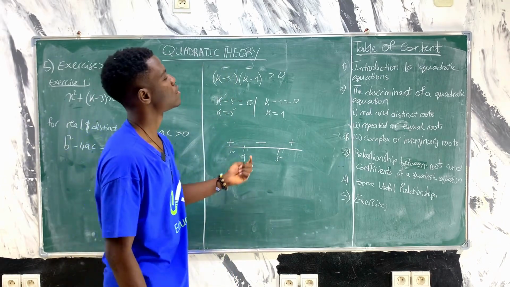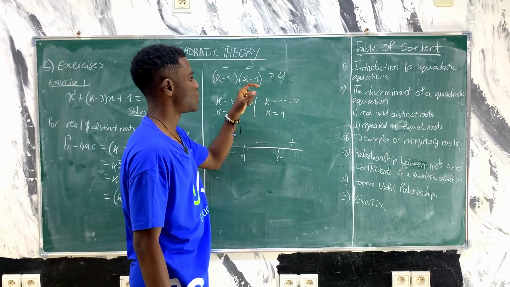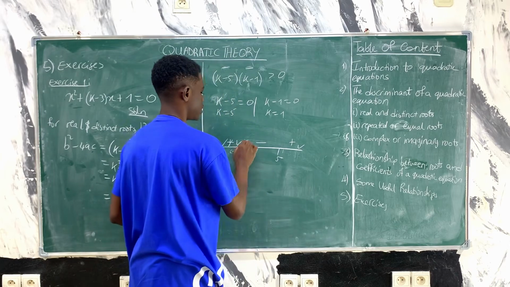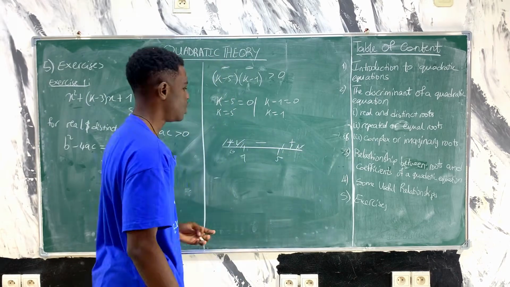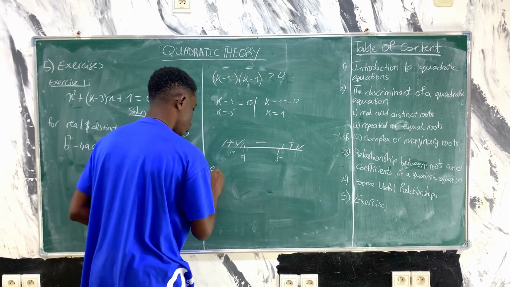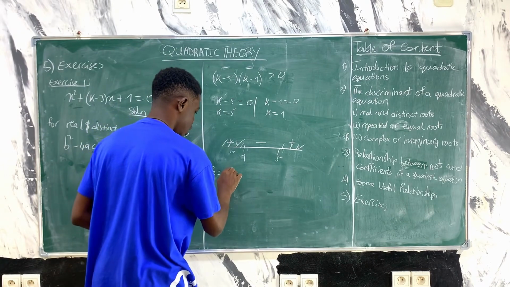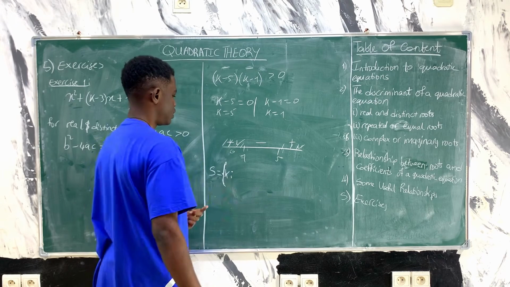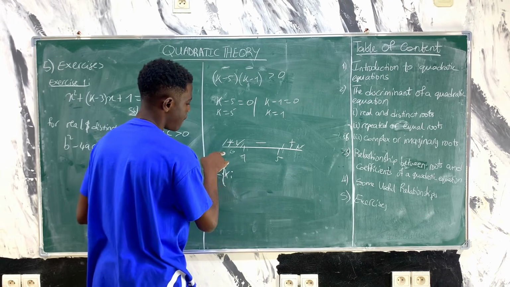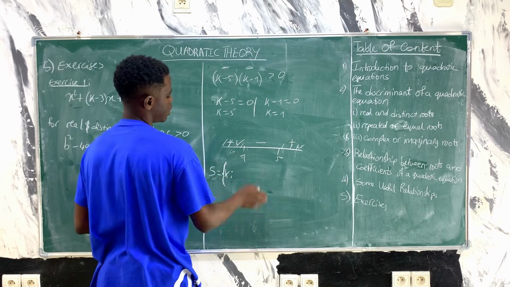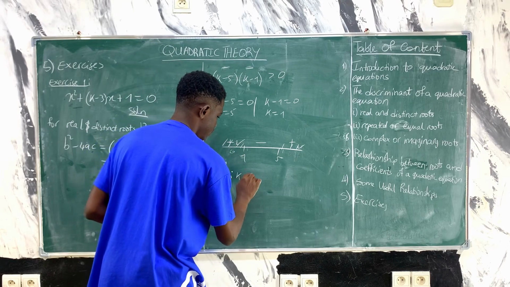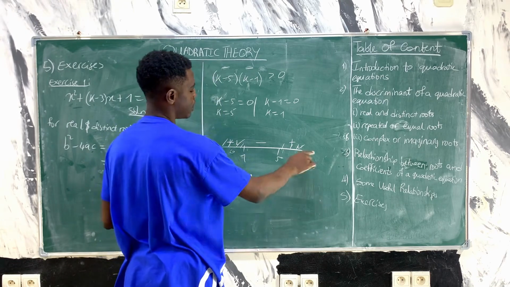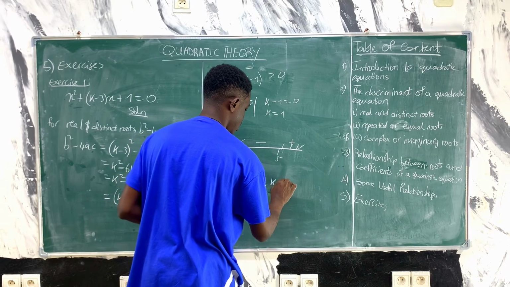Since the question asks for the values of k for which the expression is greater than 0, I'll take this part and this part. So these are the parts that will be selected. How do I represent this? The solution set S is equal to k such that k is less than 1, union k is greater than 5.